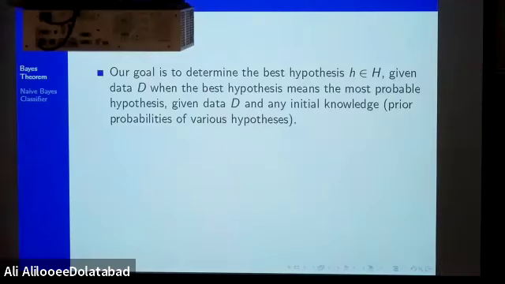It means we want to see which hypothesis is more probable. If you have two hypotheses, the person has the disease and the person doesn't have the disease, we want to see which one has the higher probability.